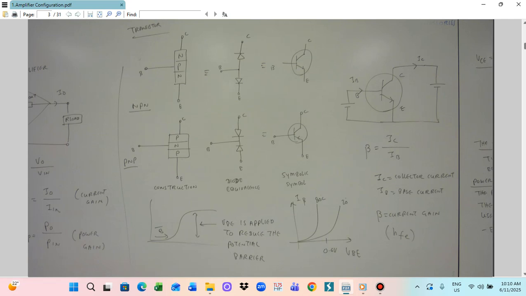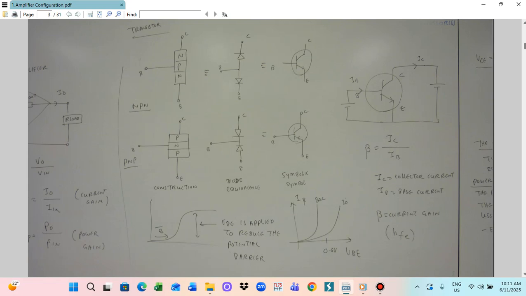This is called an NPN transistor. Similarly, we can also construct a P layer, N layer, and P layer. So this is B, E, and this is C. For that one you can also construct the equivalent circuit diagram, two diodes like this.